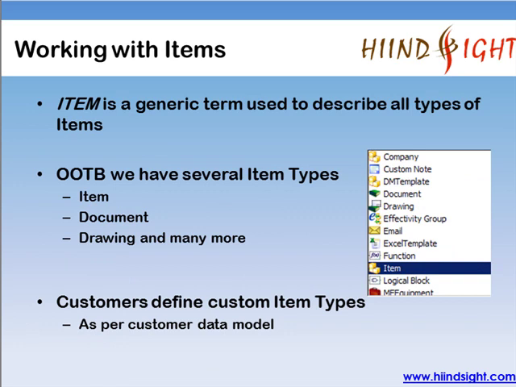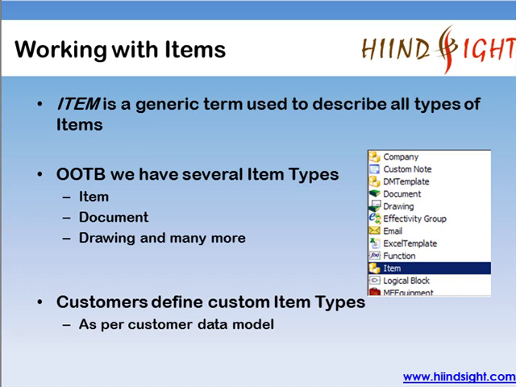Item in Teamcenter is a very generic term. It can represent a part, an assembly, a document, or a specification or anything. It's totally dependent on the usage in the business processes and the solution architect's view. Out of the box, Teamcenter has many item types.